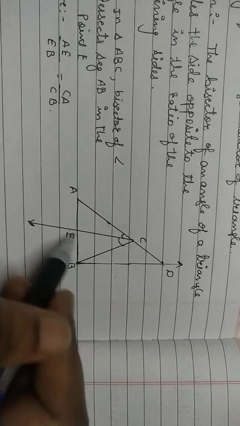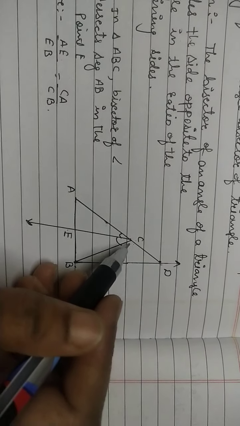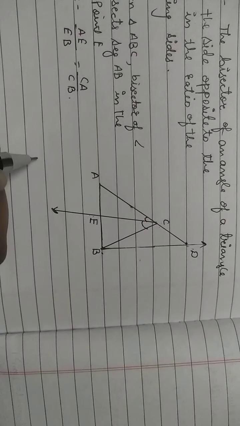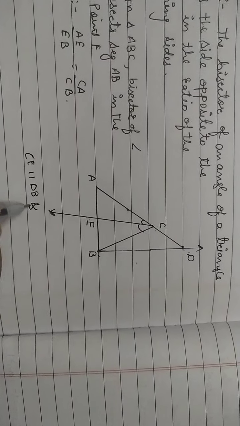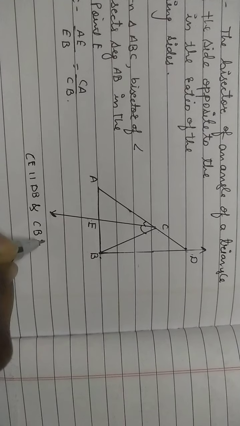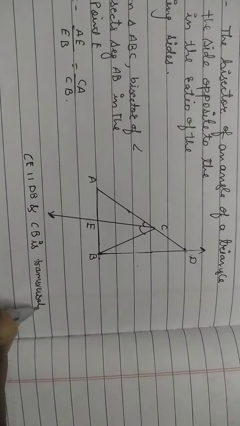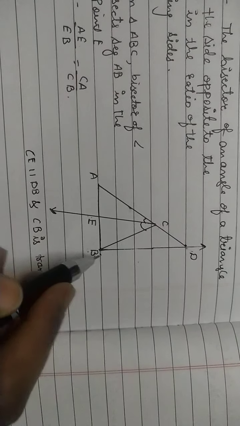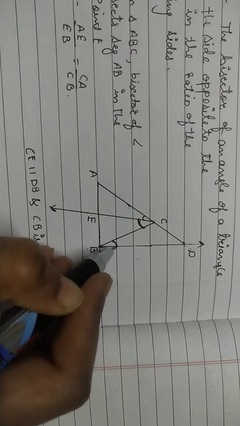Now you know that CE and DB are parallel by construction. If CE is parallel to DB and CB is the transversal, then this angle and this angle will be equal.